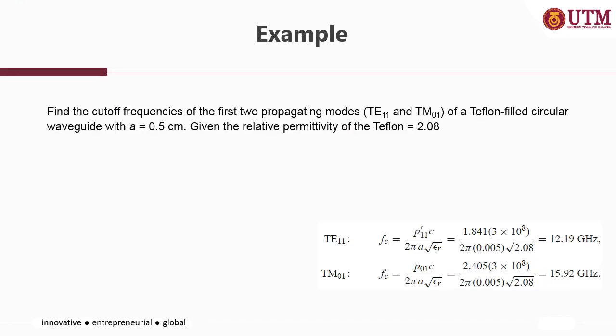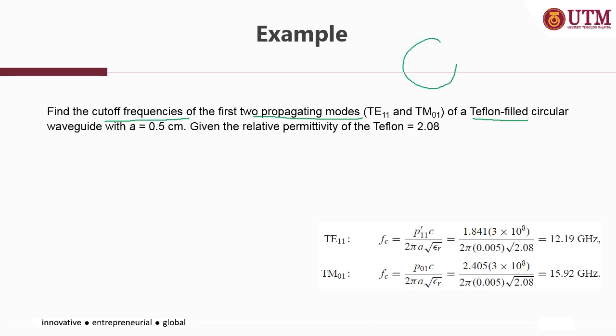Okay, let's look at an example for a circular waveguide. The question asks you to calculate the cutoff frequencies of the first 2 propagating modes, which are TE11 and TM01, of a Teflon-filled circular waveguide.